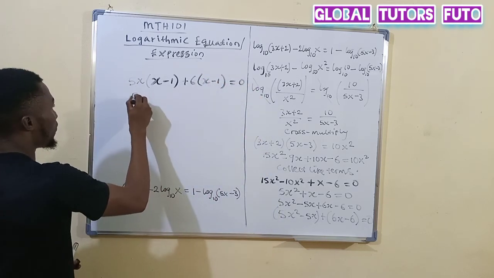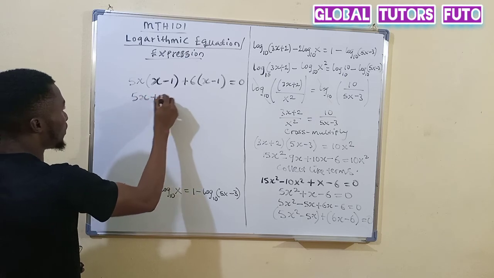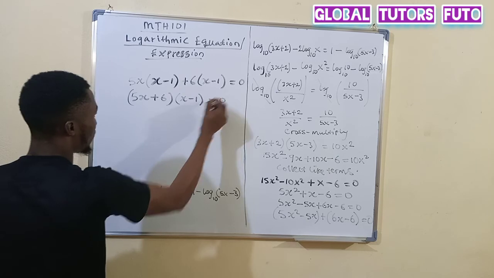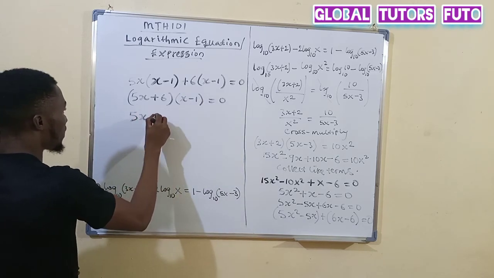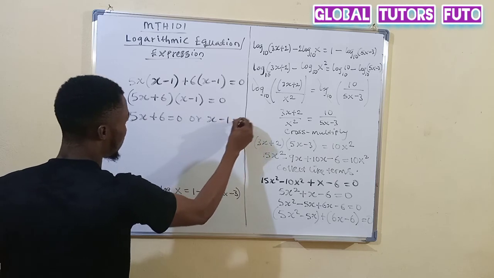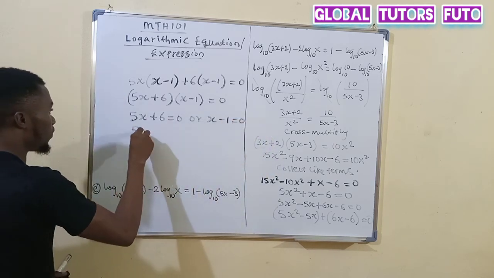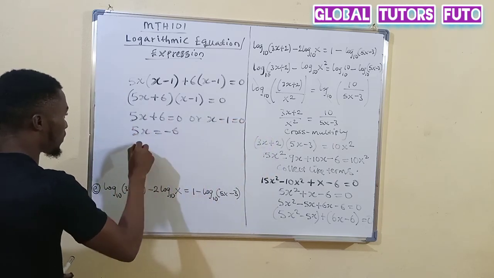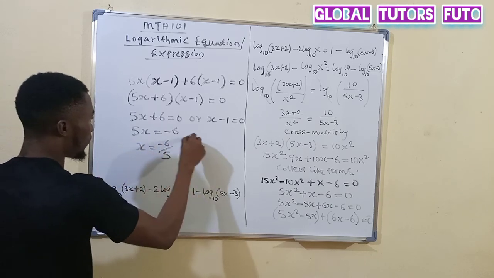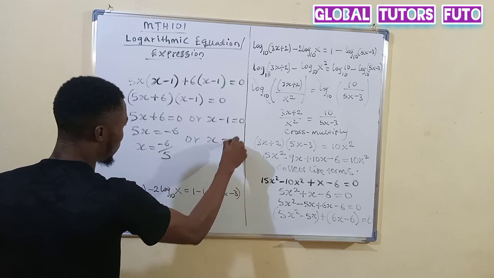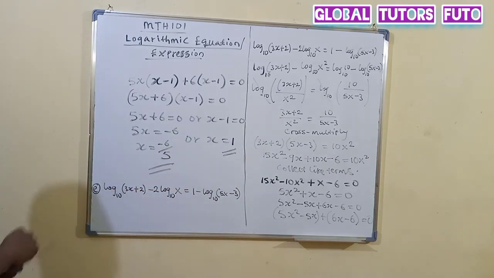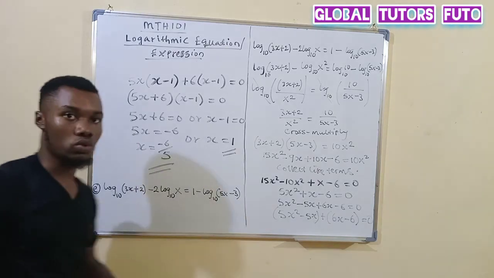So here we have 5x plus 6 and x minus 1 equal to 0. So 5x plus 6 is equal to 0, or x minus 1 is equal to 0. So 5x is equal to minus 6. Therefore, x is equal to minus 6 over 5, or x is equal to 1. So our x is equal to minus 6 over 5, or our x is equal to 1.